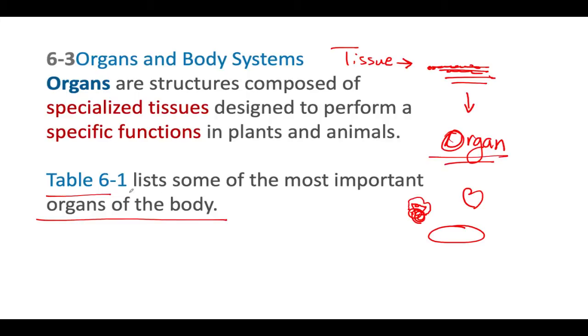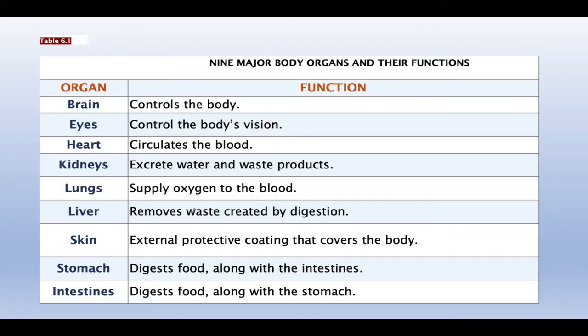While we have hundreds of different organs, some of the key ones are the brain. What's its function? It controls the body. Eyes: vision is the function.